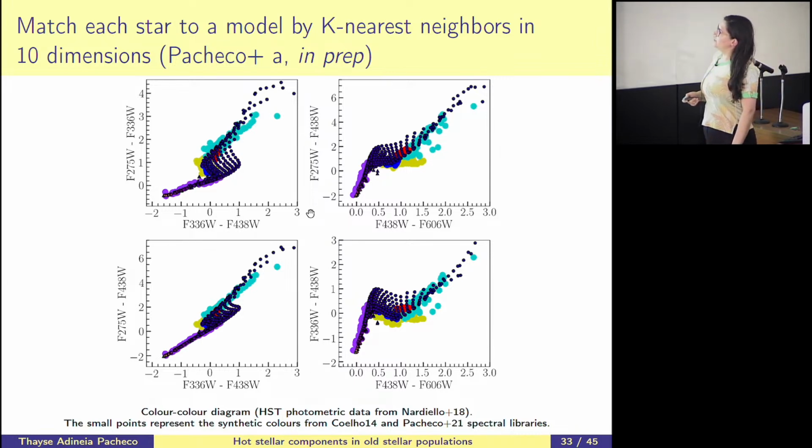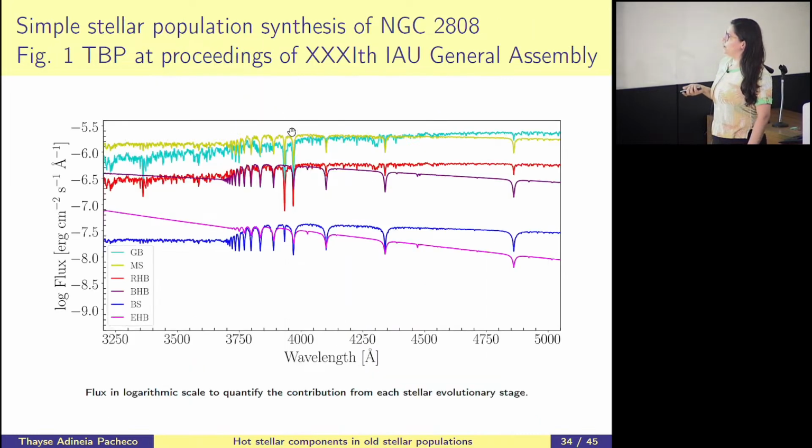After matching each star to a model by KNN, we can build our simple stellar population. And here I'm showing a simple stellar population synthesis of NGC 2808.